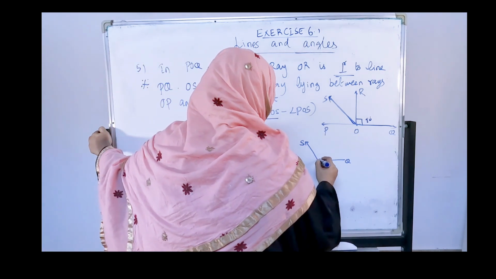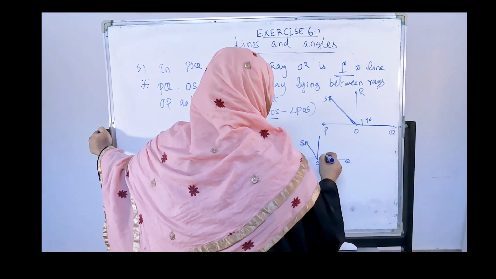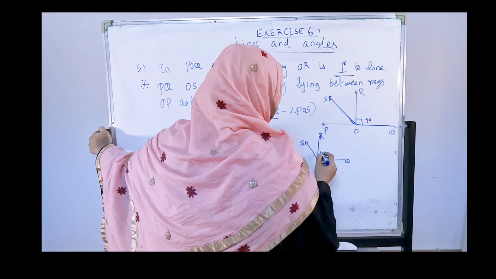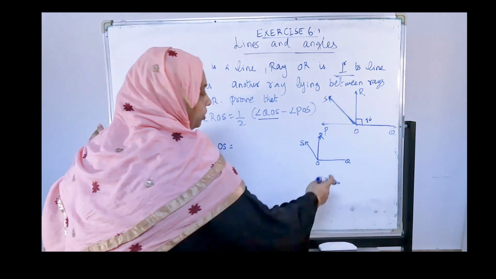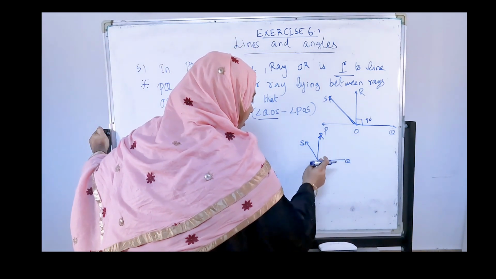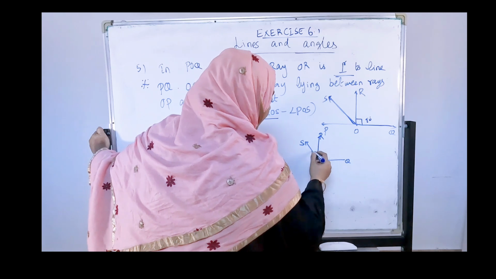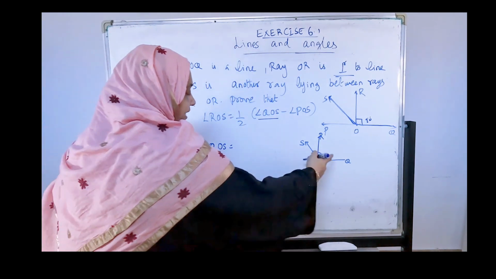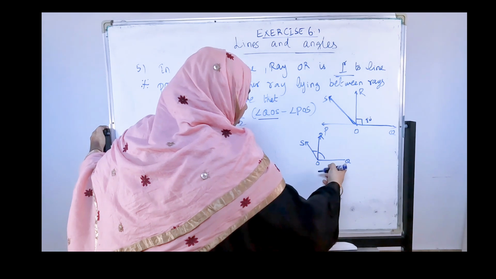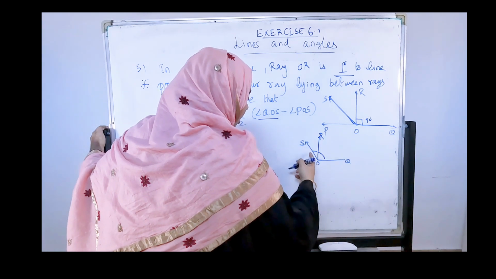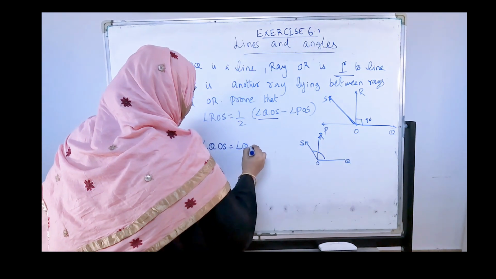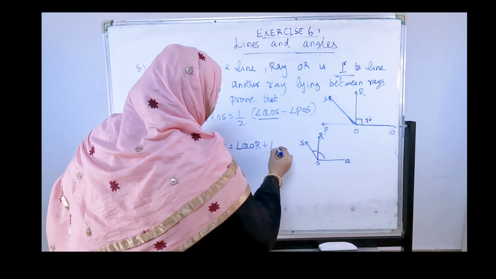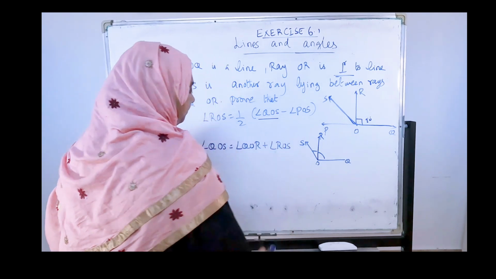I can write the angle QOS in adjacent angle form. How? QOR plus ROS. This both angle combination is only QOS. So we will write angle QOS as QOR plus ROS.